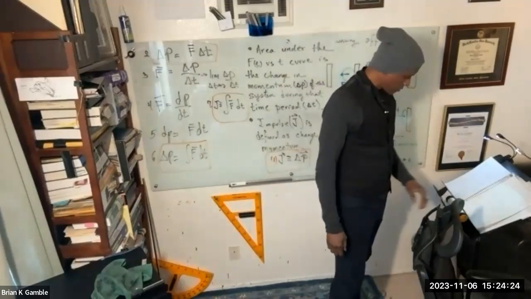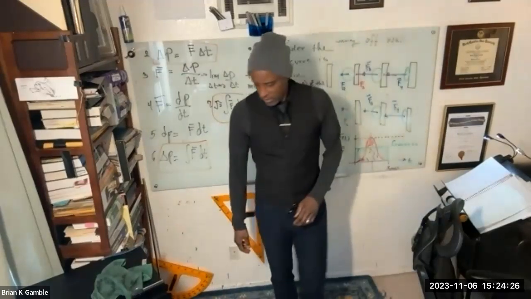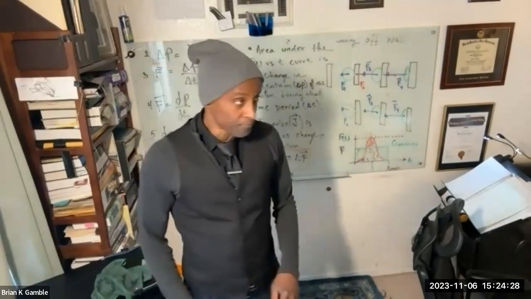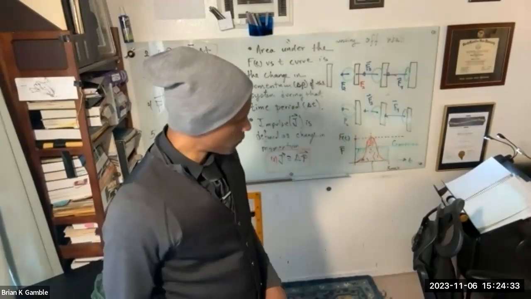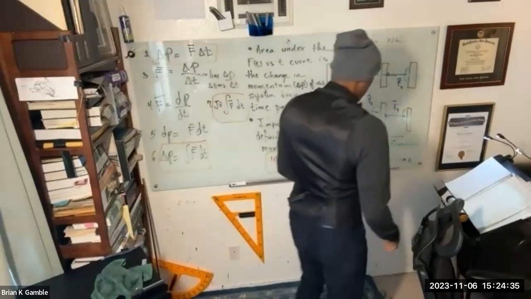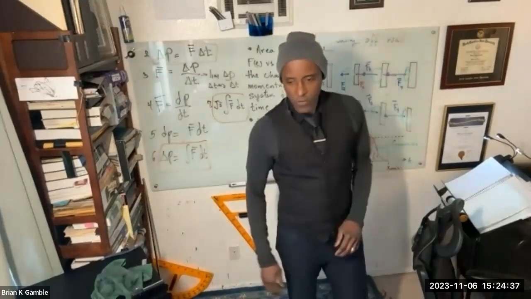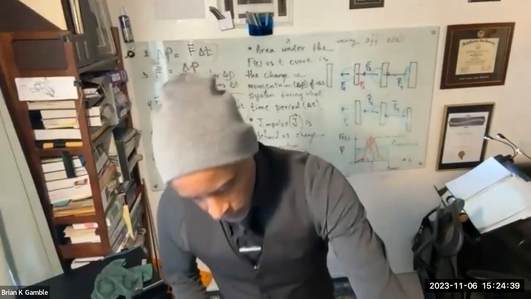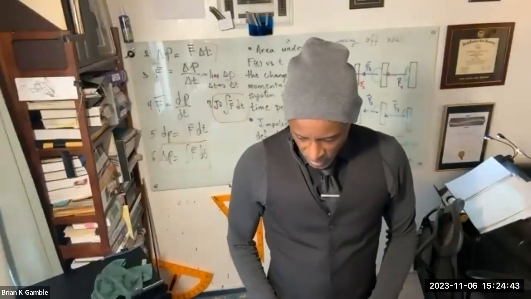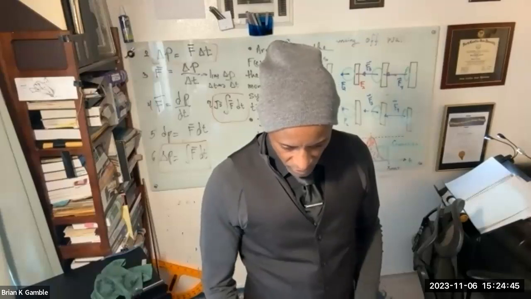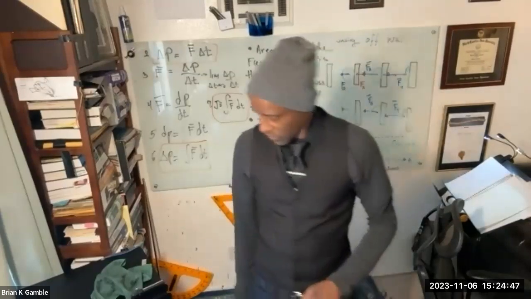Is that 4.5? No, it's 4. Calculator. 3 times 0.5 should be 1.5, and plus 3 is 4.5.